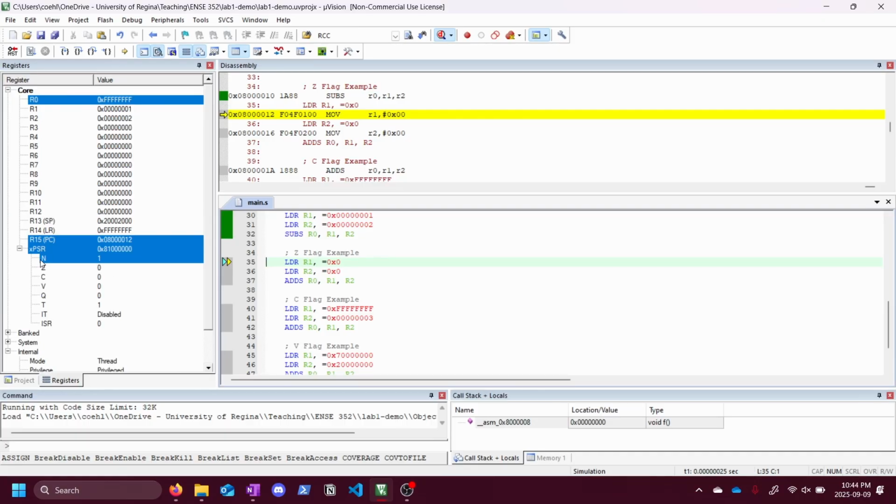But you can also see down here the negative flag was set. So again, all it's doing is checking that uppermost bit to see if the result is a 1 or a 0. And that's how it knows if it's negative.